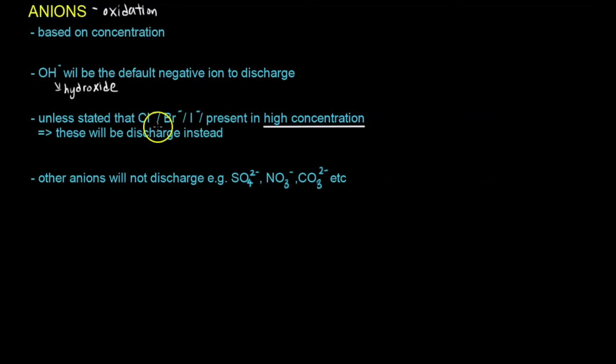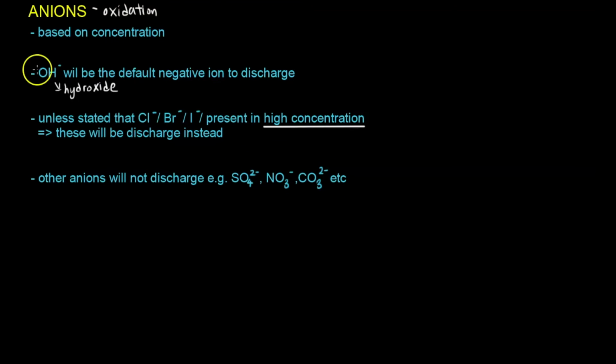These are halides, group 7. Unless either of these three are present in high concentration, in which case they will be discharged instead. Otherwise, OH- is the default anion to be discharged. Other anions such as SO4 2-, NO3-, CO3 2- will not be discharged at all, because they are too complex, too big in some sense.